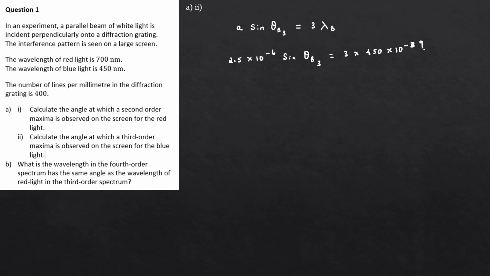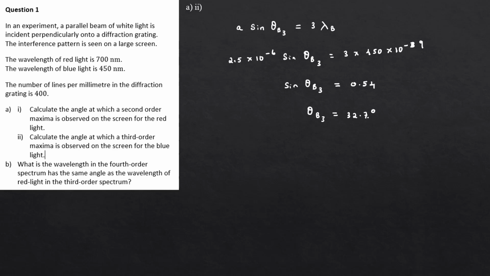OK? Alors, on gagne sin theta B3 égal à 0.54. Et puis on prend sin inverse, on gagne theta B3 égal à 33 degrés ou bien 32.7 degrés.